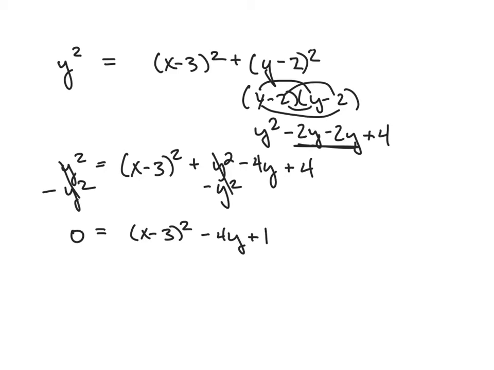Now, the vertex form they talk about is y equals a times x minus h squared plus k. So far we're doing good. We've got this right there, but we need to move these around. So I need to move the 4y to the other side.